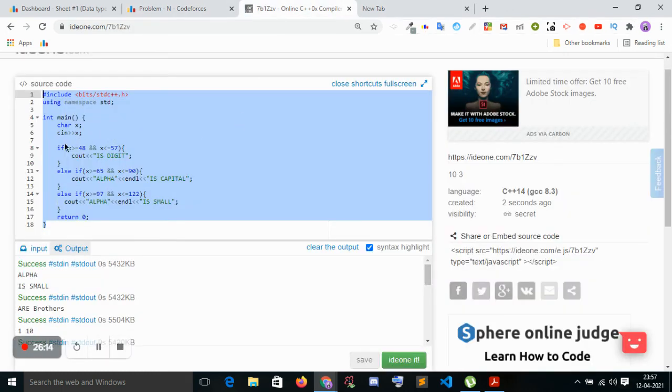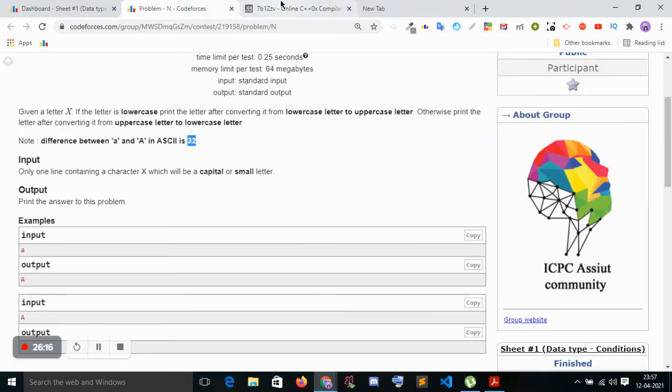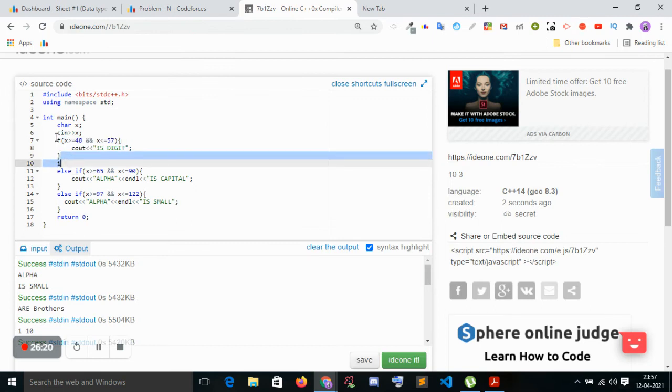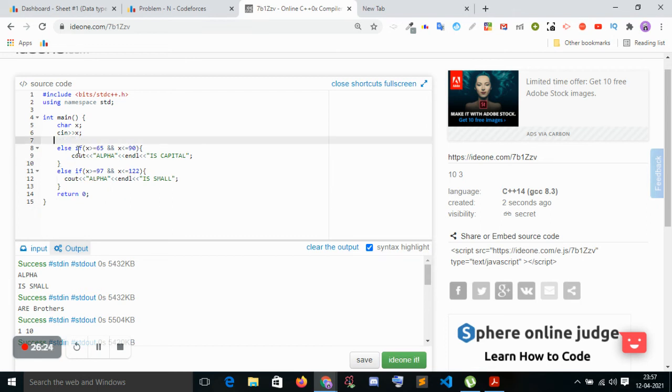We'll try it. Okay. So here input is char. So we'll check it. Yeah, this line I don't need. This line I need. This line I need. If else if, okay. So here what should I do? If it is capital, then I have to add.